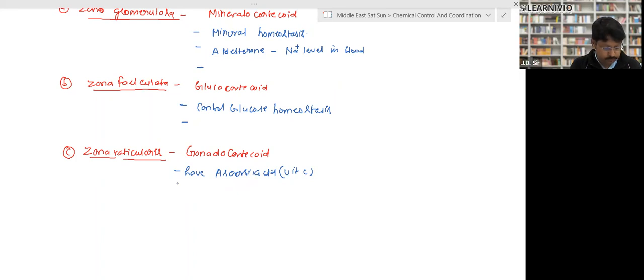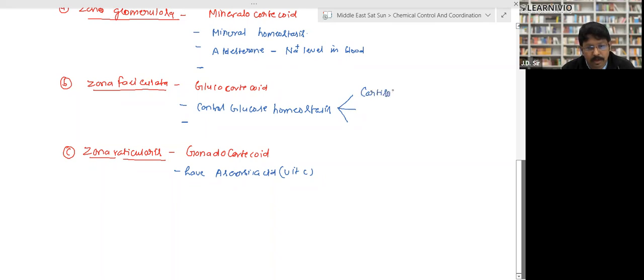Glucocorticoids. Next point. Glucocorticoids mainly include three hormones: cortisol, corticosterone, and cortisone.